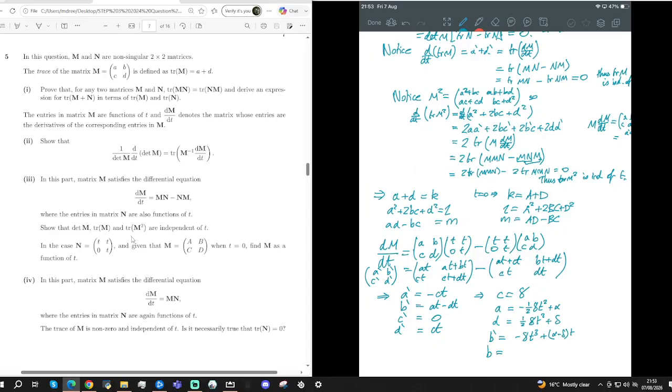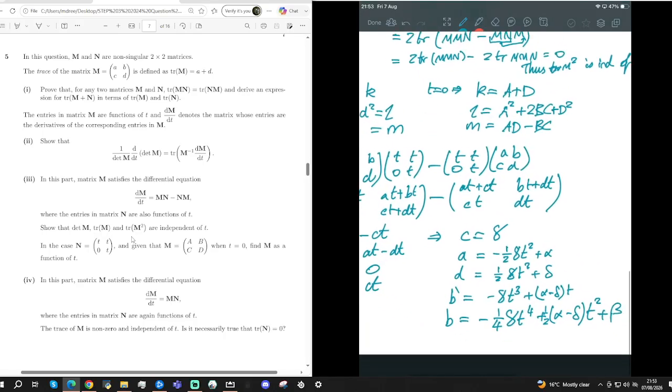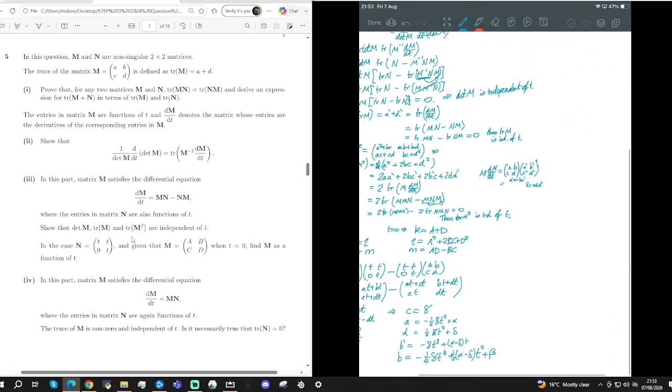So an expression for b is going to be the most complicated. It's negative a quarter gamma t to the 4, plus alpha minus delta t squared, I need a half in front, plus some unknown constant. And now we can try and find, hopefully find, each of these unknowns.